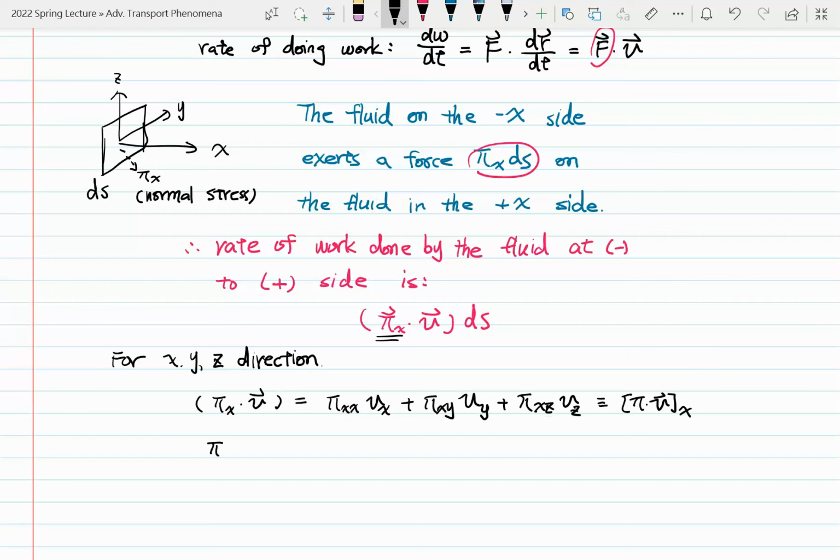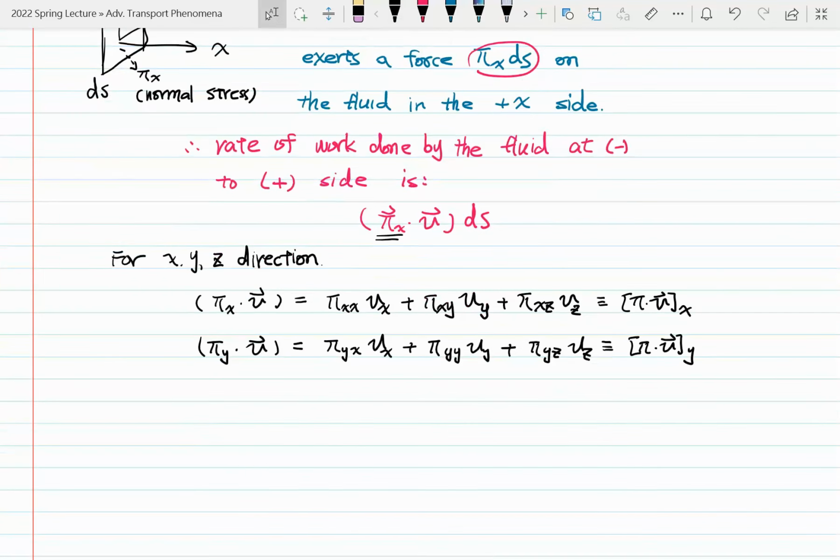So you can also write down the y direction, which equals pi yx vx plus pi yy vy plus pi yz vz, defined as pi dot v in the y direction.